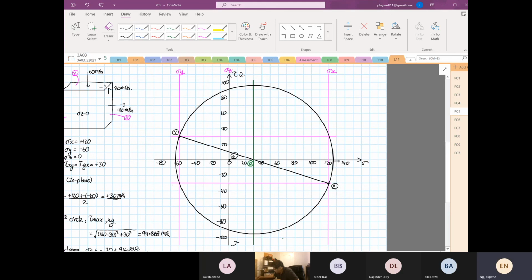I think I have to scratch this. Okay, it looks fantastic. So now we know that this is for our XY plane, and this is our in plane.